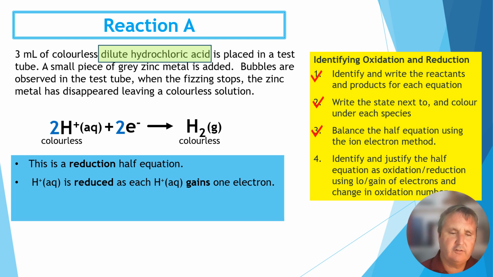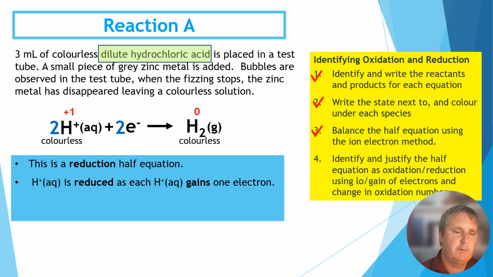We can also justify that this is a reduction equation using the oxidation states or oxidation numbers. If you need to catch up on that, there's a link here in the video to another video where I've gone over how to calculate oxidation states. The oxidation state of H+ is +1, and the oxidation state of H2 is 0.